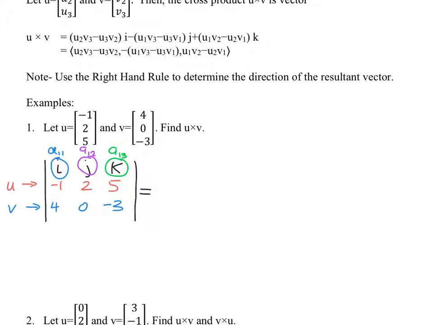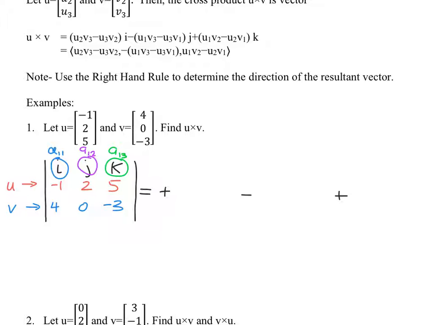All right, the j values are 1, 2, and 3. If I go -1 to the 1 plus 1 power, I'm going to get -1 to the second power, which is a positive result. So I should be starting off with a positive and going negative and then back to the positive, just like every other cofactor expansion problem.